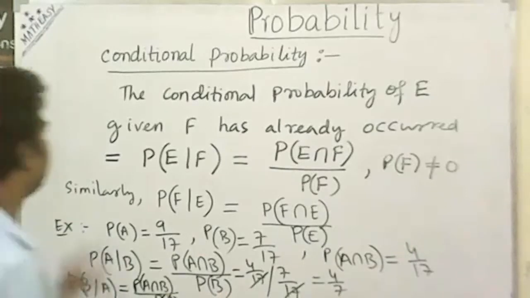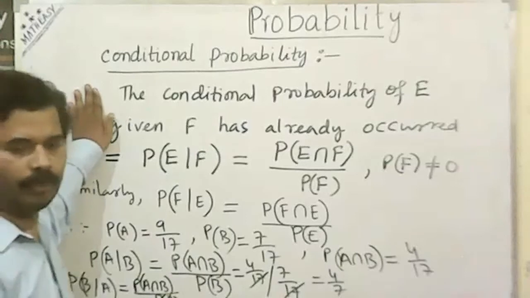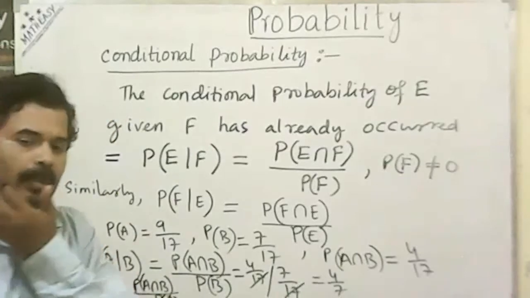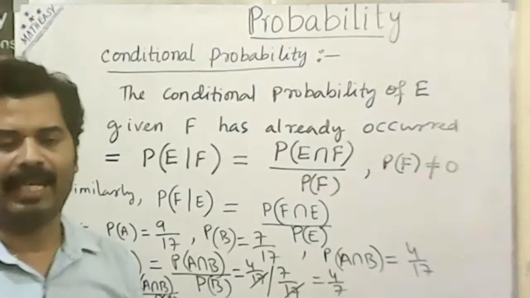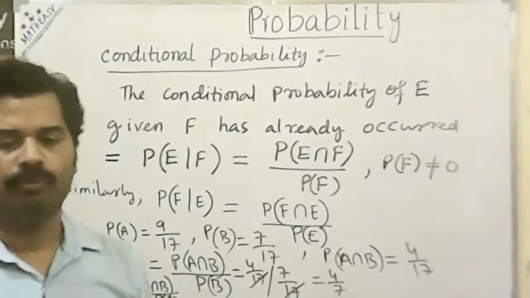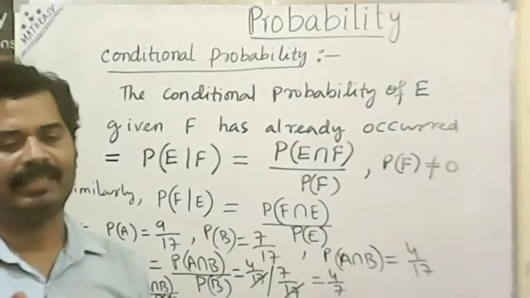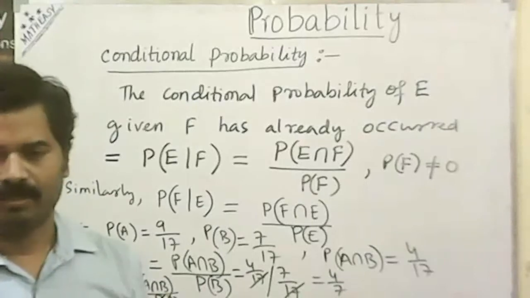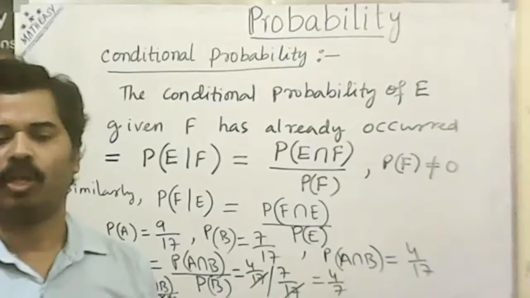Conditional probability is very important in Term 2, because in the probability section a 9-mark question will come. 9 marks means a case study with two 2-mark questions, and another 2-mark and 3-mark question, a total of 5 marks in the Term 2 exam.